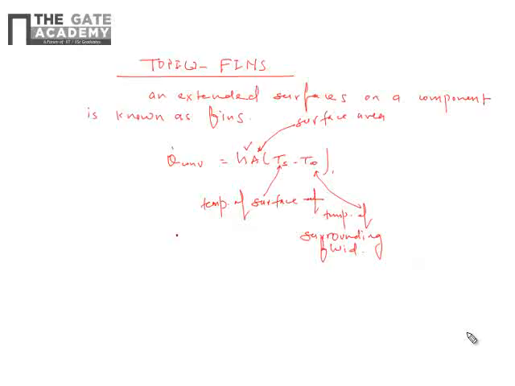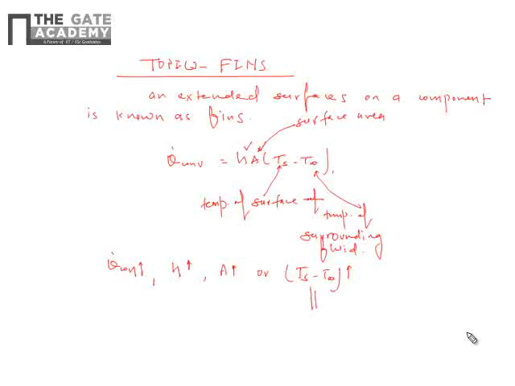Let us say we want to increase the rate of heat transfer due to convection. Then it can be done by either increasing the convective heat transfer coefficient, the surface area, or Ts minus T infinity.